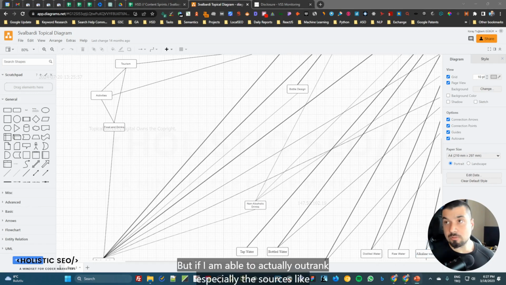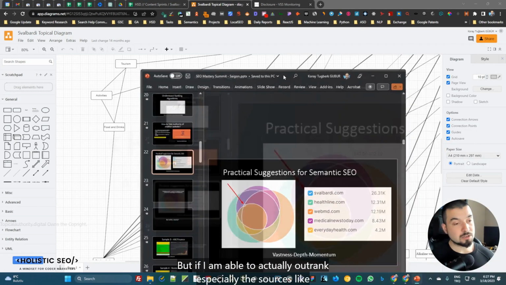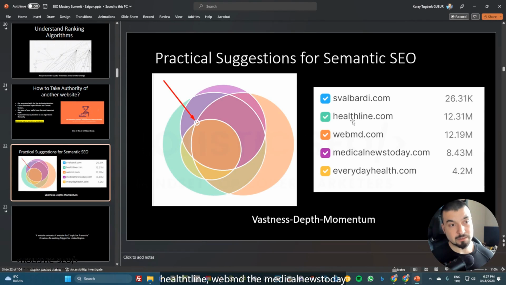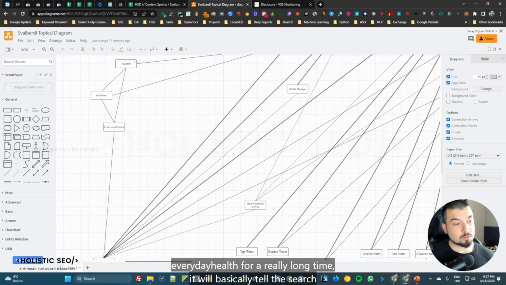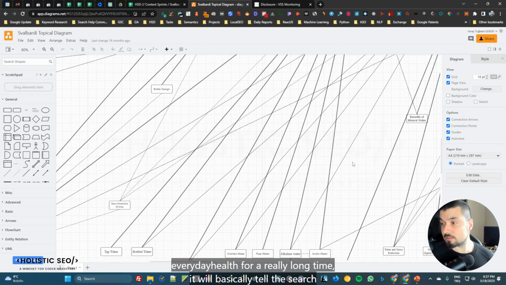But if I am able to outrank especially sources like Healthline, WebMD, Medical News Today, and Everyday Health for a really long time, it will basically tell the search engine algorithms that Svalbard is a website or a brand that can give more accurate, richer information compared to the top authorities.